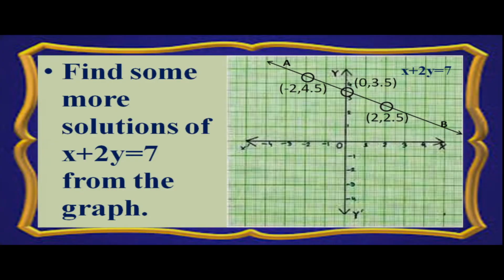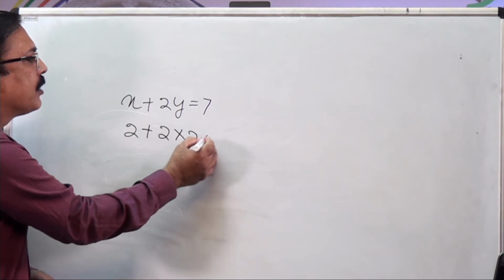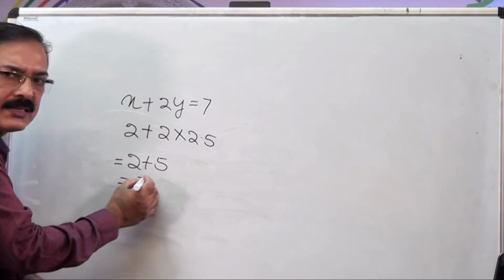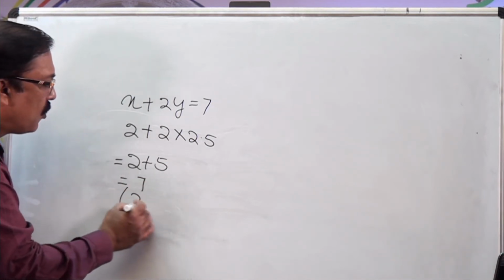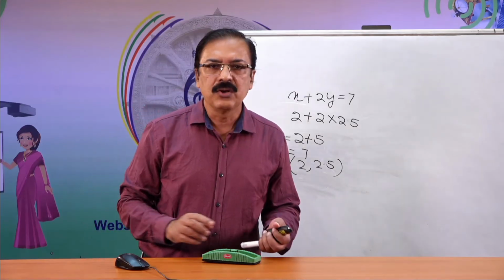So 0 and 3.5 is a solution. Now the third one is 2, 2.5. If we put the value of x as 2 and y as 2.5, then we have 2 plus 5, that is 7. So 2, 2.5 is also a solution.